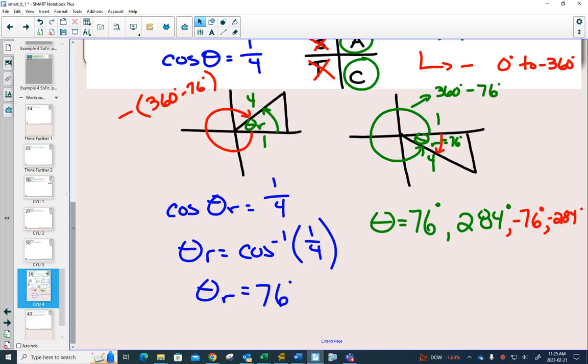Dealing with reference angles is grade 11. Once you have your reference angle, you can draw the pictures and you can see what the actual angle is. And this is why I broke it up into positive and negative. That's a little bit of grade 12, thinking about more than just 0 to 360 degrees.